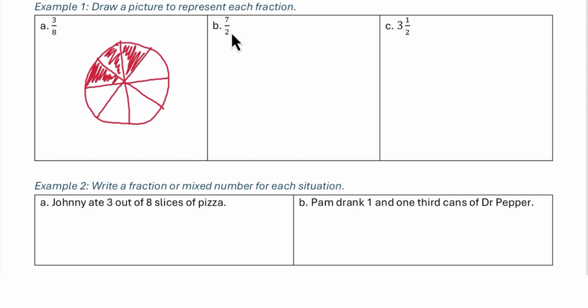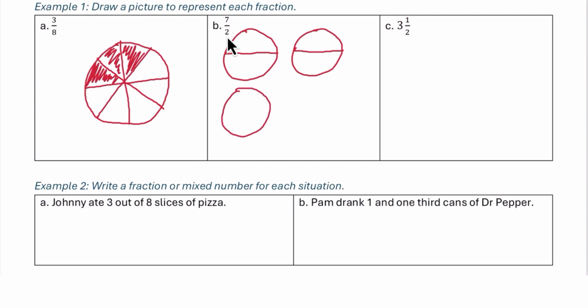In the second fraction, we have an improper fraction. 7 is bigger than 2. So again, we're breaking it up into halves. The denominator indicates the number of parts per whole, so there's halves. So we break the first one into 2, then we need 2 more, and we'll do 1 more and break it in half.